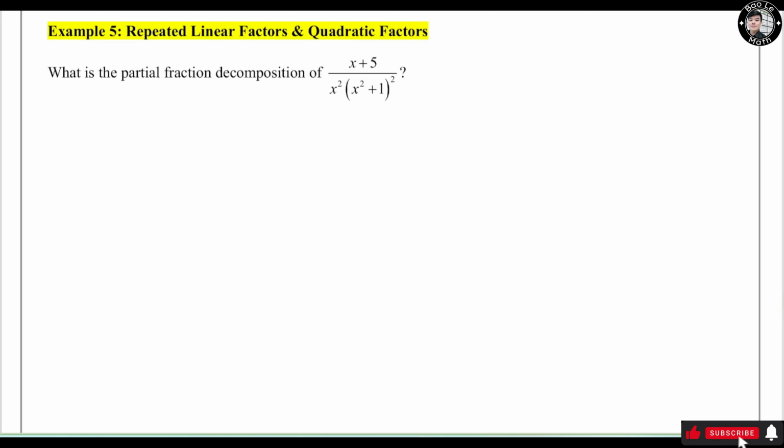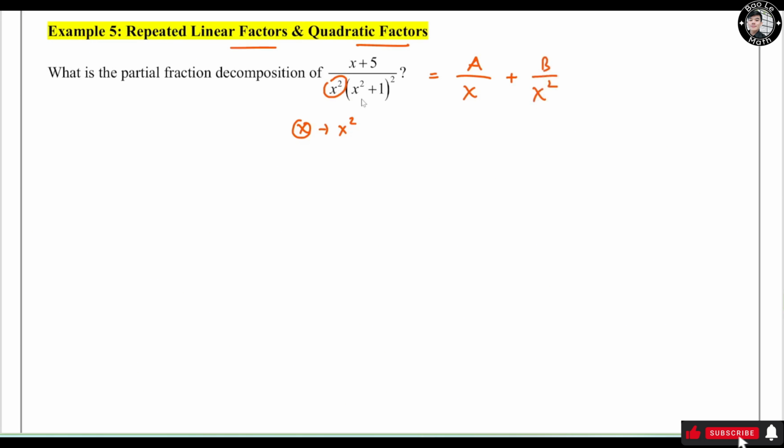Now let's move on to the last example. Repeated linear factors and quadratic factors, right? So this can be written as, this is the linear factor s, then s squared, so we deal with this first. So it can be a over s, and then plus b over s squared.